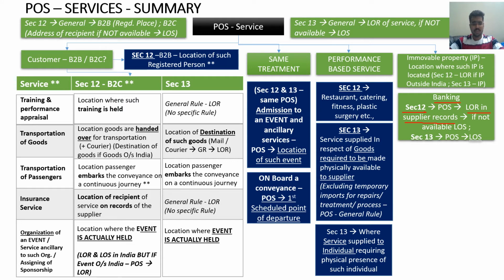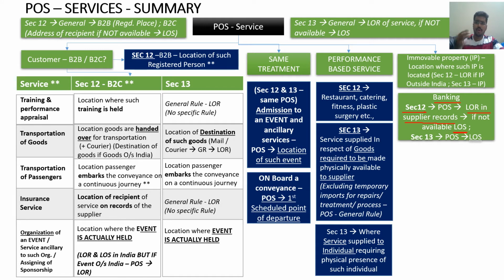So if you remember, this is similar to the insurance service also. The location of recipient in the records of the supplier will be considered as the place of supply. However, if it is not available, then the provision says place of supply can be considered as the location of supplier, right?